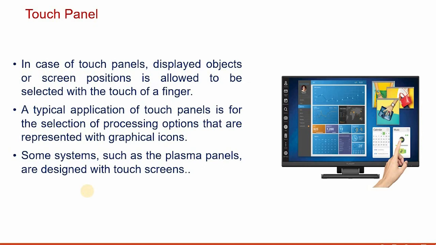The typical application of a touch panel is for selection of processing options that are represented with graphical icons. The screen displays graphical icons, images, alphabets and various information, and according to the requirement of the user, we can select the options in the graphical icons.